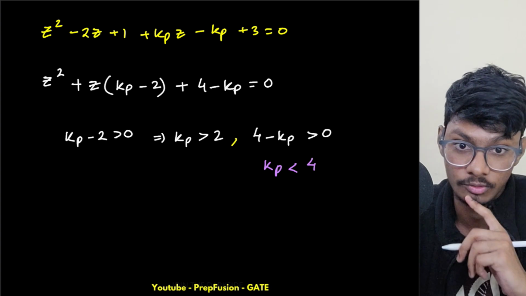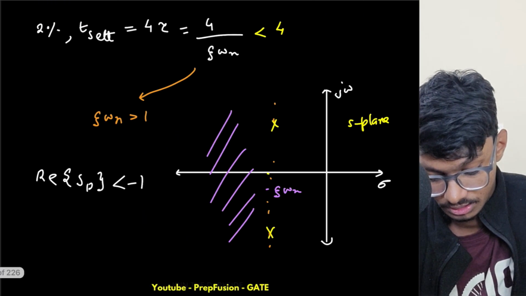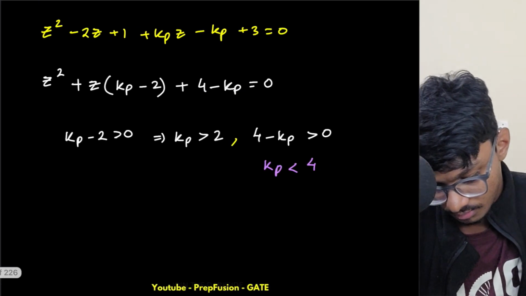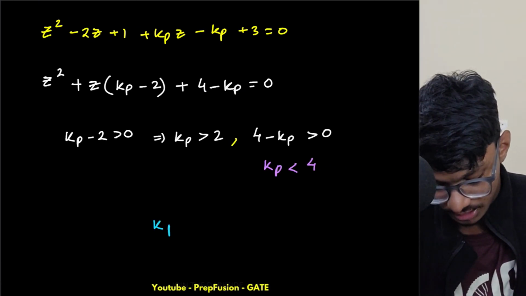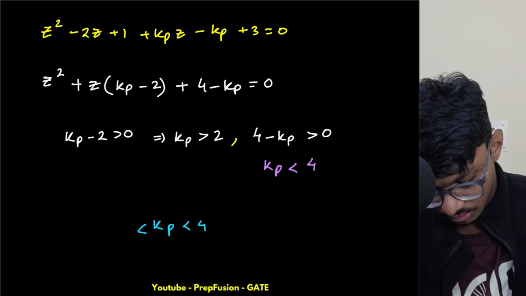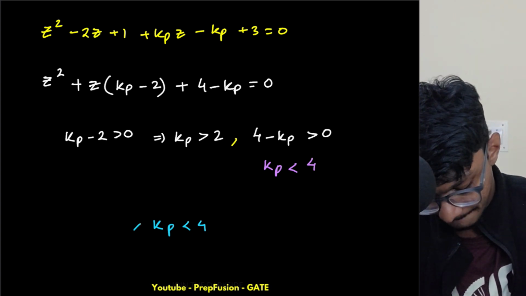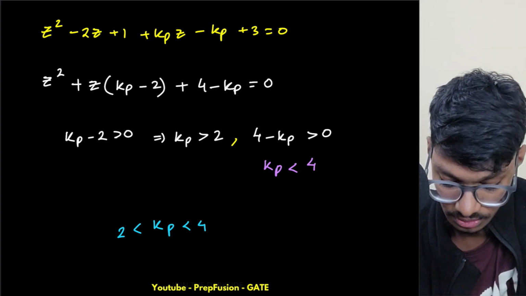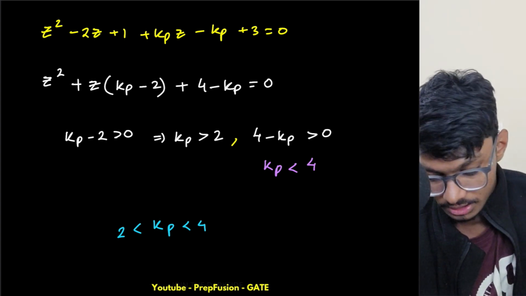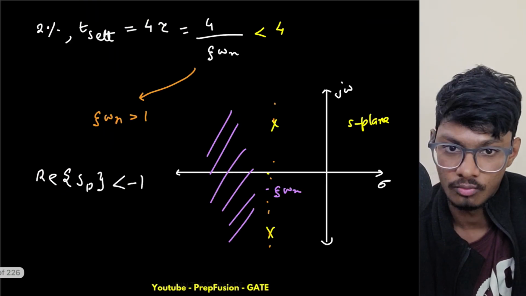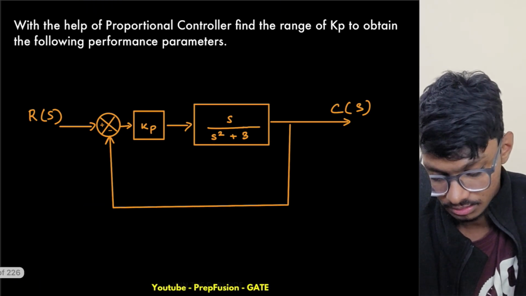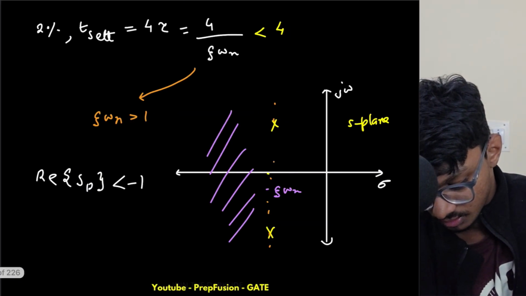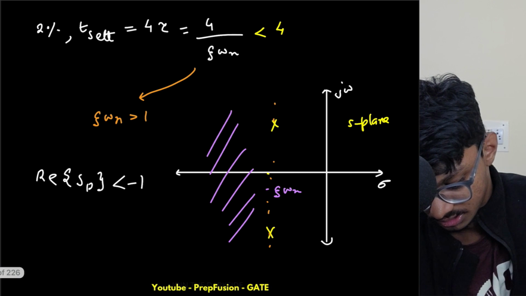So for my settling time to be less than 4 seconds, this is the first condition only, Kp less than 4 and greater than 2. From here we can also use the root locus. So basically, the first range we found out for A, then how to solve this for the B part. So this is method 1. Let me write this as method 1.